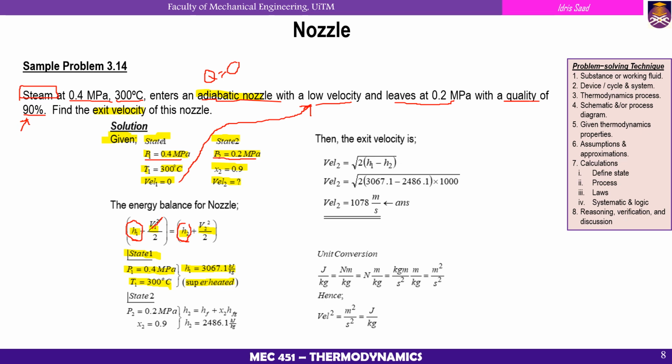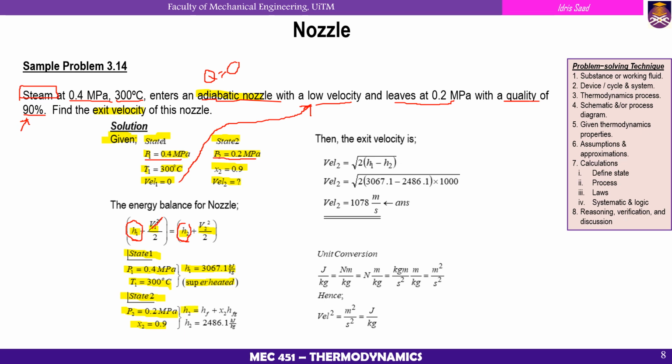Next, we go for state number 2. The data that we have at state number 2 is pressure equal to 0.2 megapascal, which is 200 kilopascal, and x2 is equal to 0.9. Obviously, this is in the mixture state. So we know that in a mixture, we have to use the equation in order to determine the property.